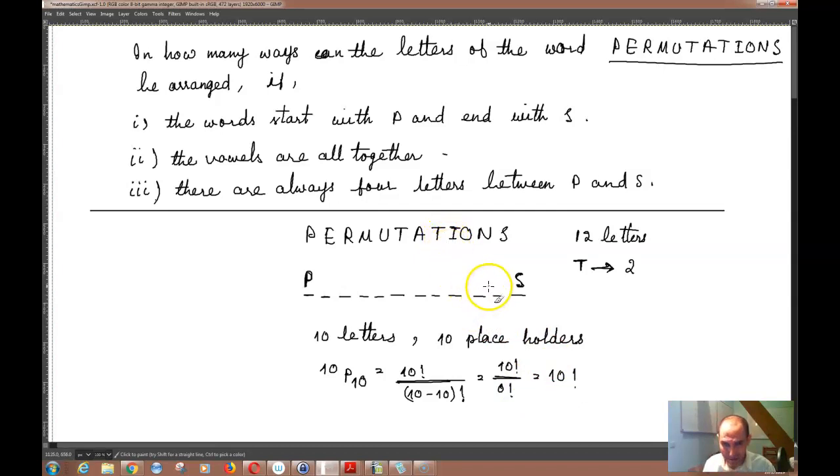That is the case if you fix a P over here and you fix an S over here.